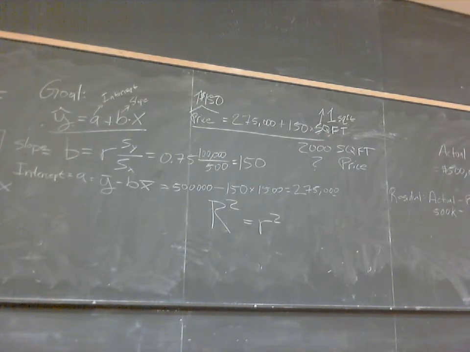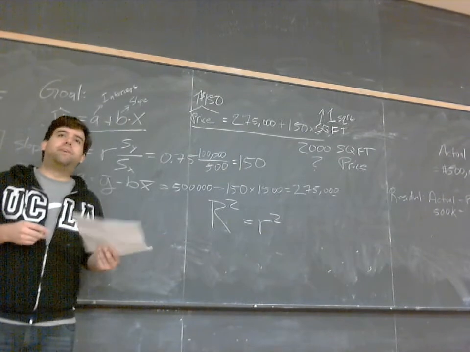Remember, we called x the explanatory variable. We want to explain y's behavior using x. So the higher this percentage, the better job the model does at actually explaining y's behavior.